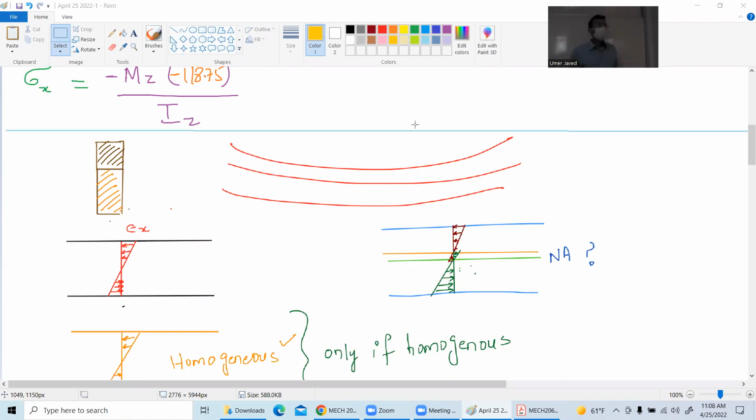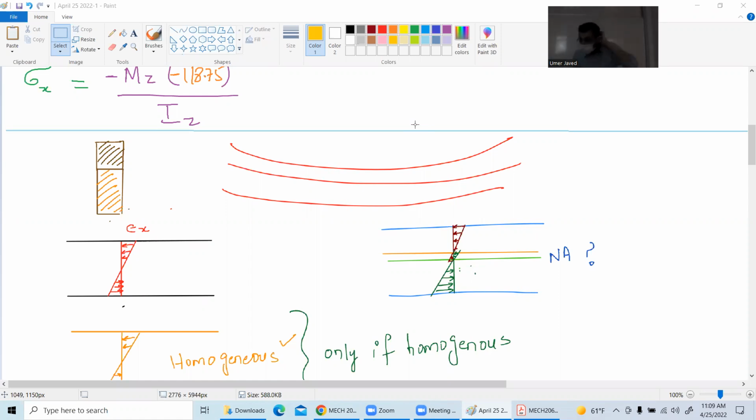For example, if wood is good in compression, not good in tension, it makes sense that if I use two different materials, glue them together and use the whole thing as a beam, then I can utilize their properties to my benefit.